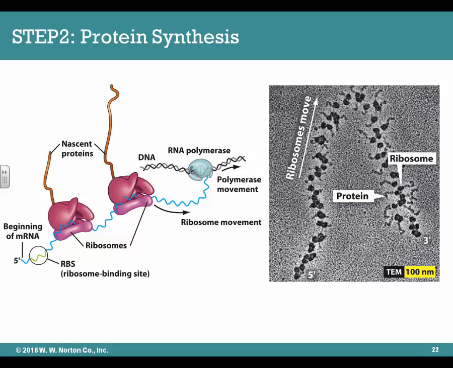Okay, then in the second set, here on the right, you can see in this transmission electron micrograph, there are lots of black dots, and each black dot is a ribosome. And what you can't see too well is a very pale gray strand in between each of these black dots. That's the DNA.